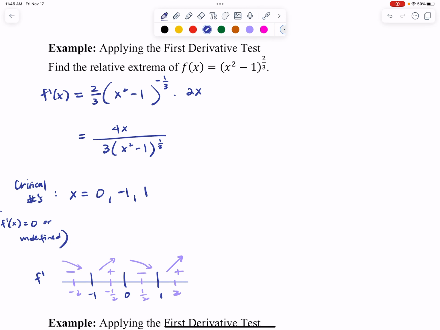So now I'm ready to do the analysis. Let's think about relative min first. It looks like there's a relative min at 2 locations.